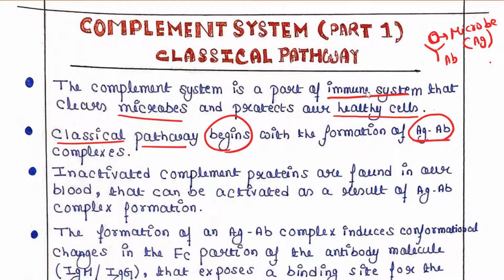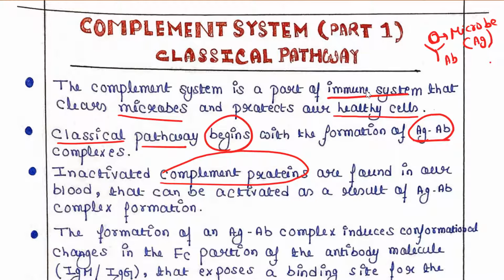So, the complement system consists of a number of complement proteins. A huge number of complement proteins are found in our blood, but they stay in the blood in an inactivated state when our body is healthy, when our body does not have any infection.